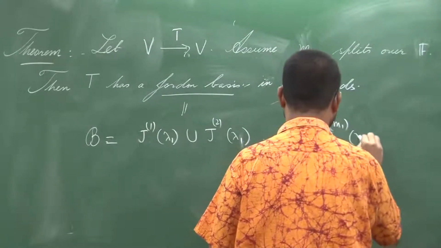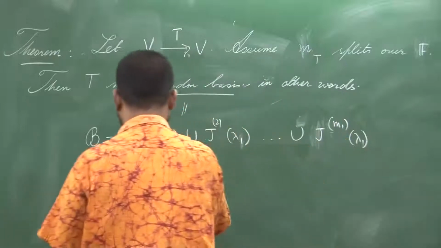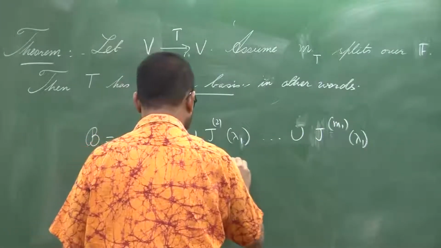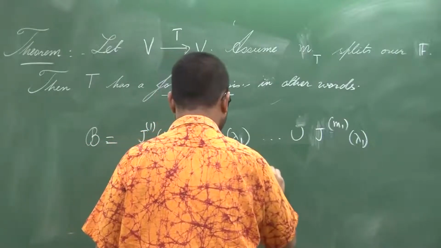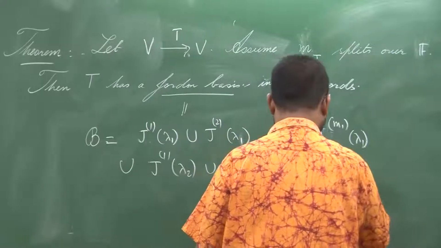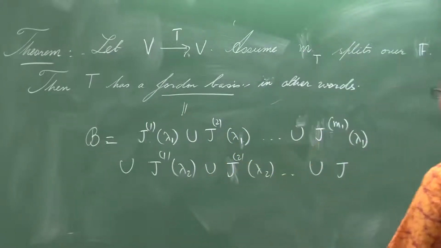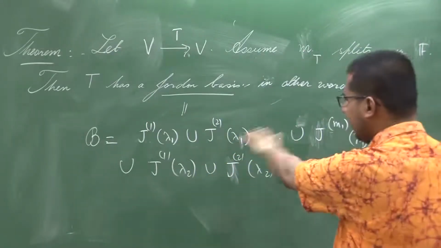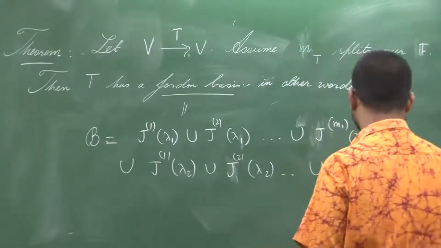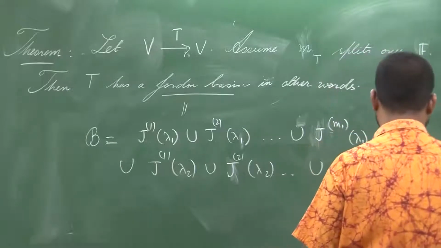I am assuming throughout that this is a disjoint union, that no two have any intersection in common. So I should simply write disjoint union.